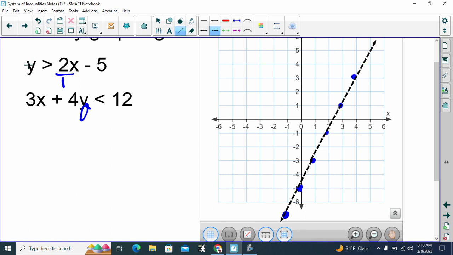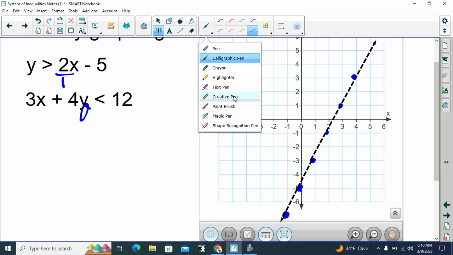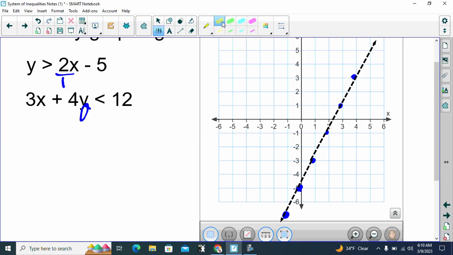And then we have y is greater than the line. So y is greater than the line tells me the shading needs to be the y values above the line. So we're going to shade in all the y values above the line, which is all these up here. Remember, we're looking for where the two shadings overlap with one another, so that is not my final answer.